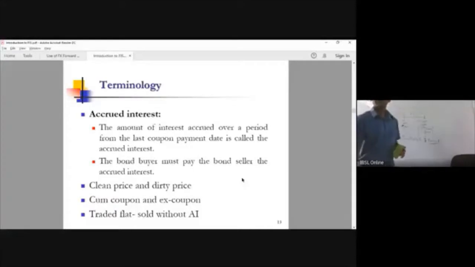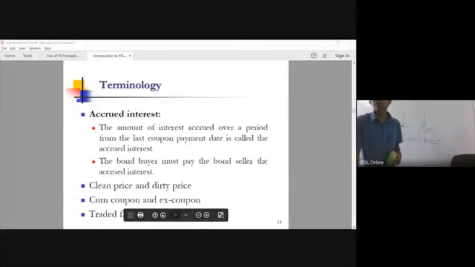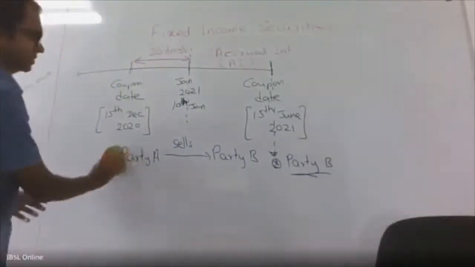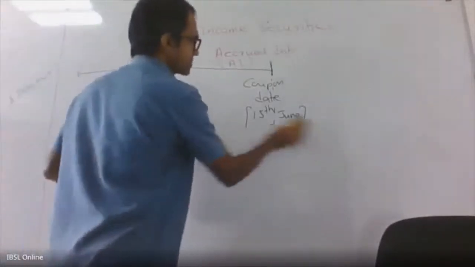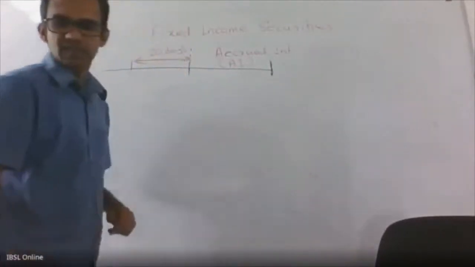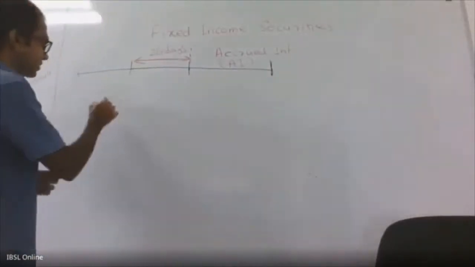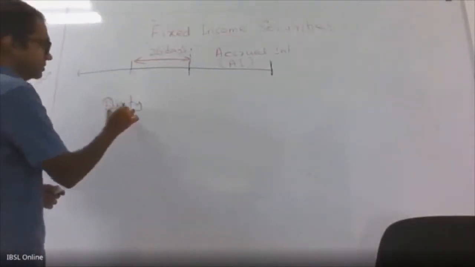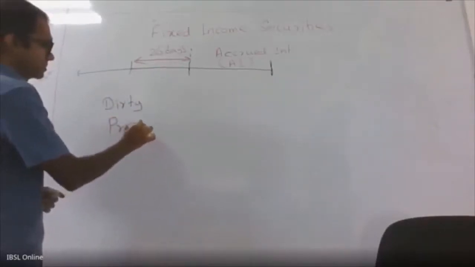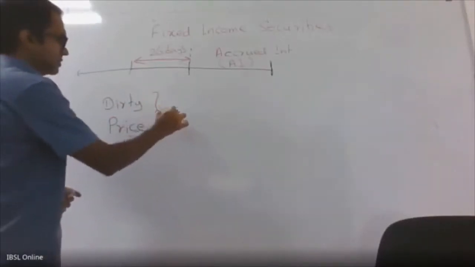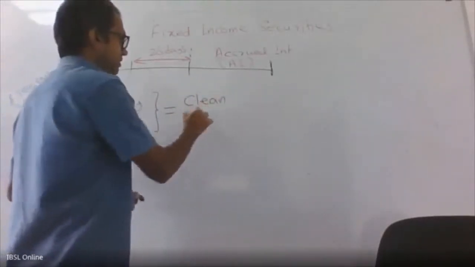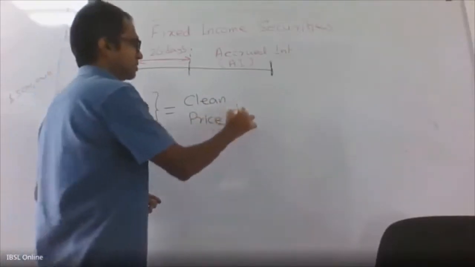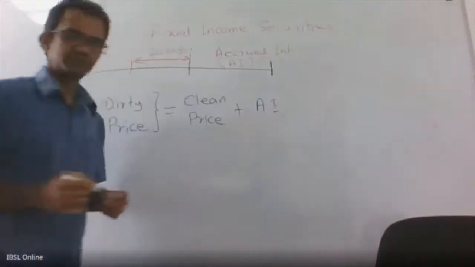So with that, we have two more terms: the clean price and dirty price. In simple terms, dirty price equals clean price plus accrued interest.